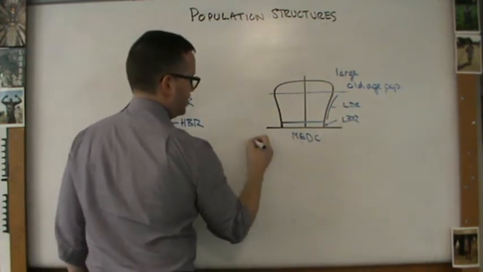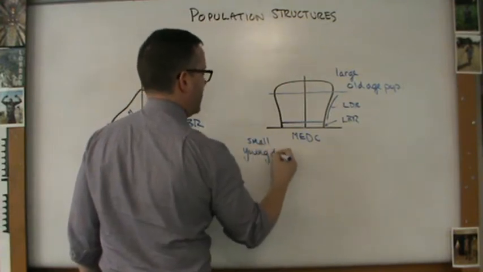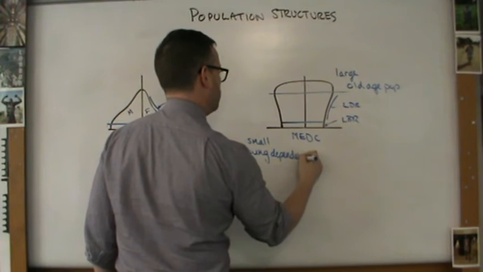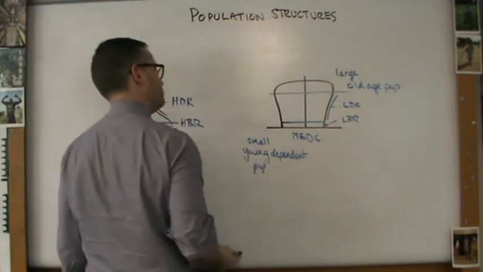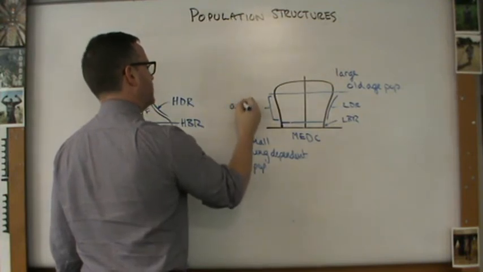This means that there is a small young dependent population and a large active population.